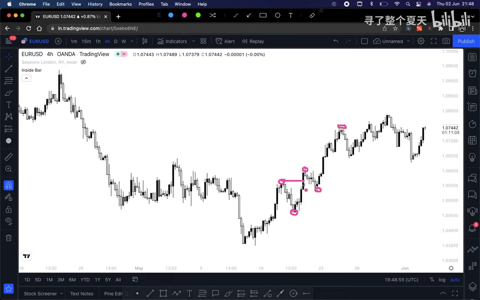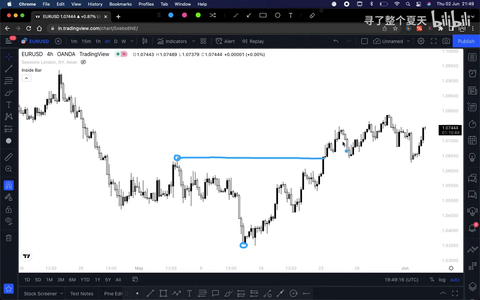Otherwise, you won't be able to get it right. But if you understand and look left each and every time, you would understand that we have the swing high and the swing low, and whatever is in between, we classify it as internal structure.